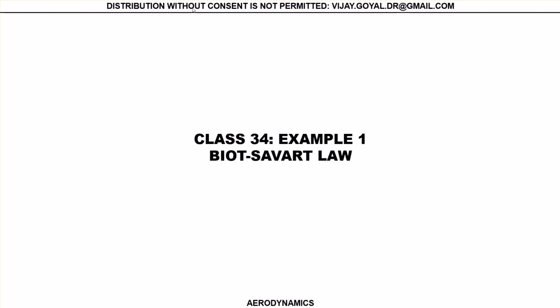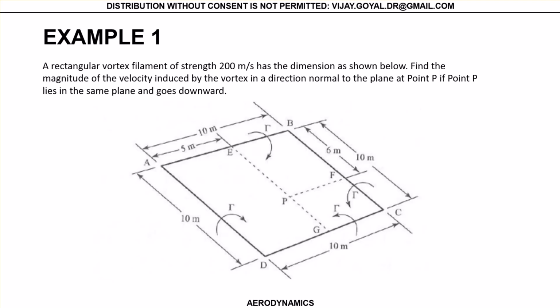So let's understand the Biot-Savart law by doing the following example. In this particular example, we want to find out what is the velocity at this location here. To find the velocity here, we want to know the influence of each one of these segments.